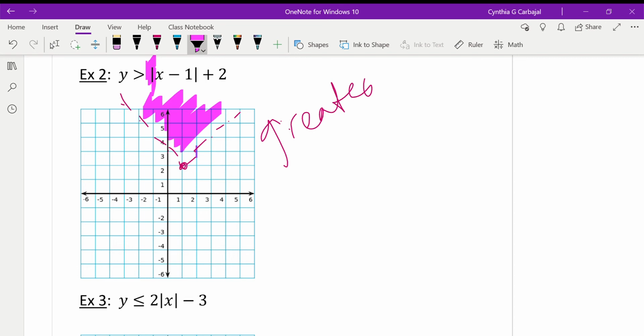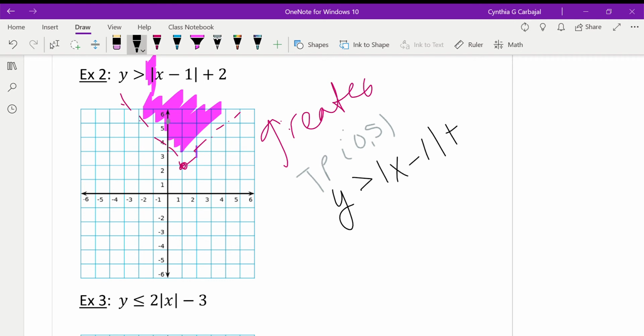Okay, so we want to use a test point. You can use one inside or one outside. I'm just going to use this one right here. That is 0, 5. So my test point, my TP, is 0, 5. I'm going to plug in a 0 in place of x and a 5 in place of y.